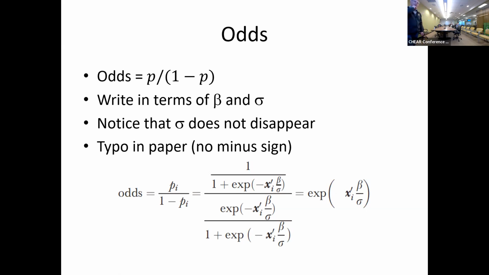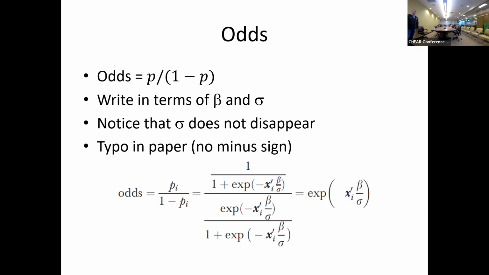There is a typo in the HSR paper. There's a minus sign here, which shouldn't be there. But if you write p over 1 minus p using the formula from the previous page, you can get this, and then things simplify, and you end up with just e to the x beta over sigma. But sigma is still here. So the odds are e to the x beta over sigma.